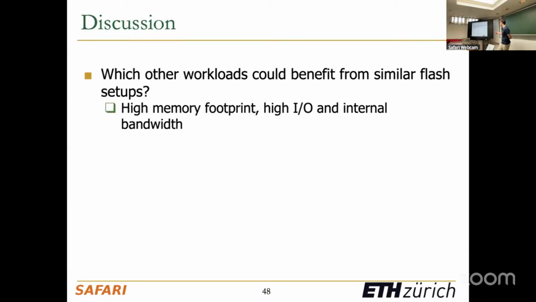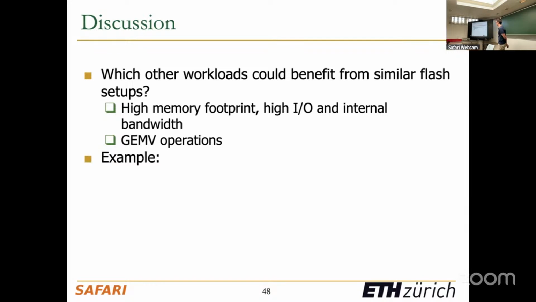Yes, exactly. Some workloads have high memory footprints that cannot fit into DRAM, and need high internal bandwidth, high read speeds, and high I/O bandwidth to the NPU or CPU. Also the GEMV operations, which are already directly integrated into the flash.